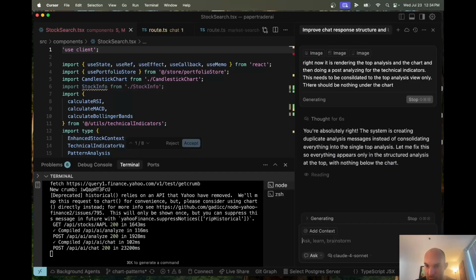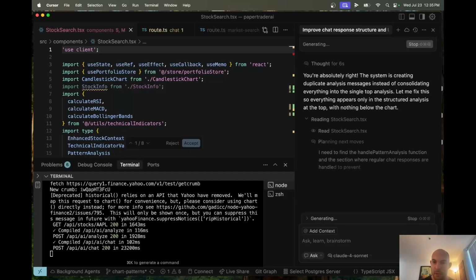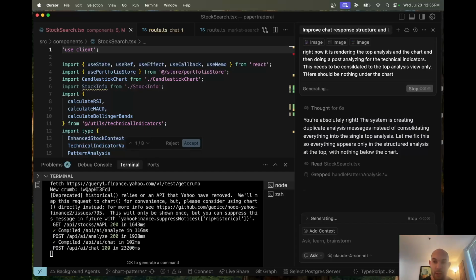The system is creating duplicate analysis messages instead of consolidating everything to this top single analysis. Okay. Sometimes it helps to just dump in some screenshots.